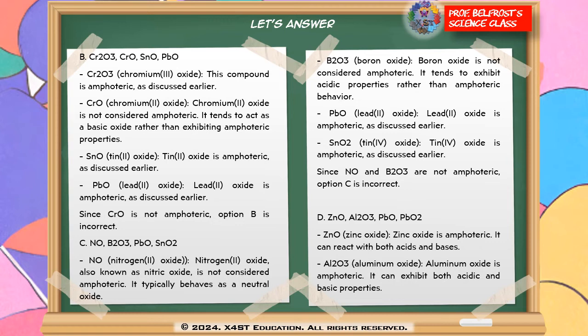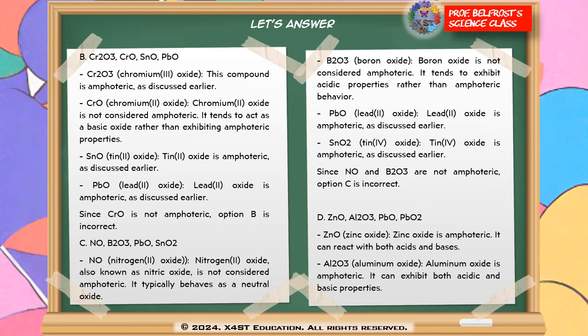Now option C, we have nitrogen 2 oxide. Nitrogen 2 oxide or nitric oxide is actually not considered amphoteric, because it is a neutral oxide. Now boron oxide. Boron oxide is not amphoteric too, because it tends to exhibit acidic properties rather than amphoteric, which can be acidic or basic.